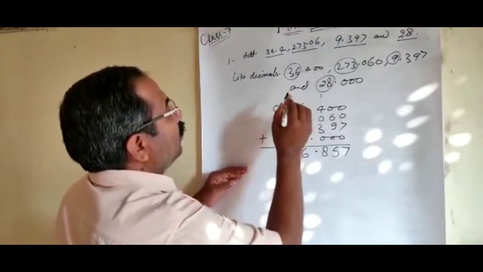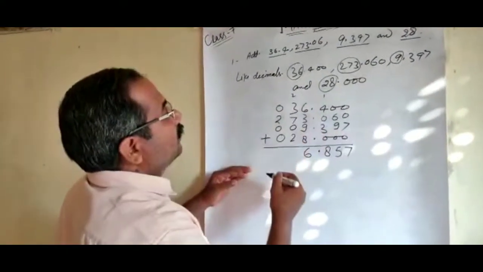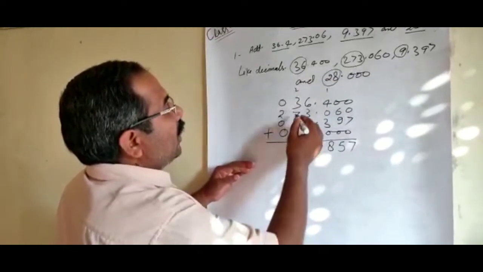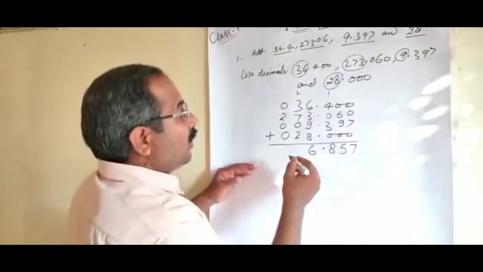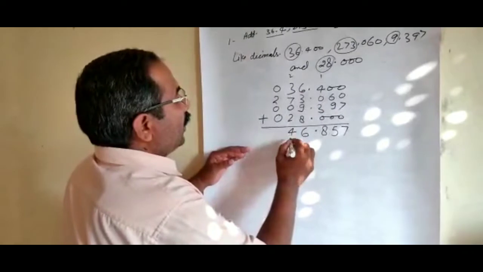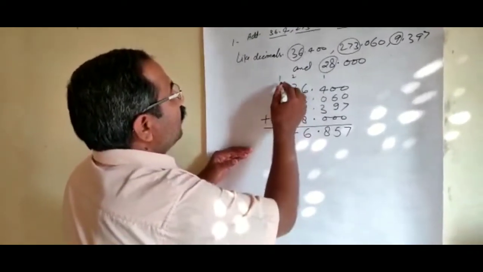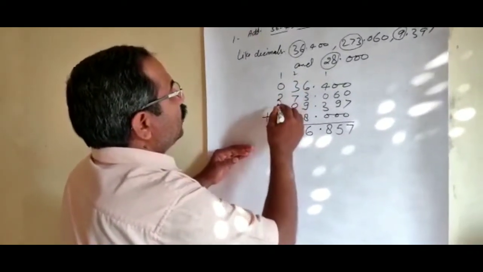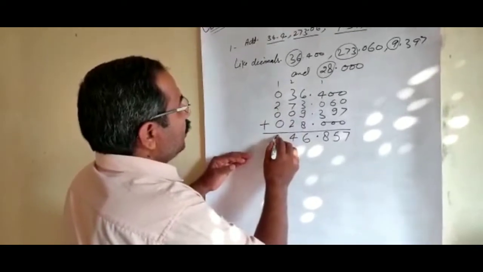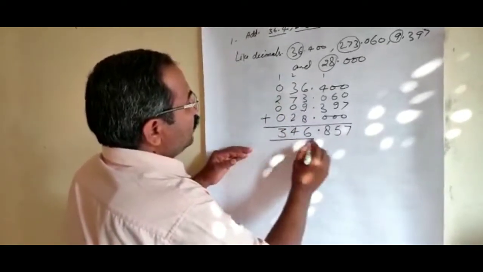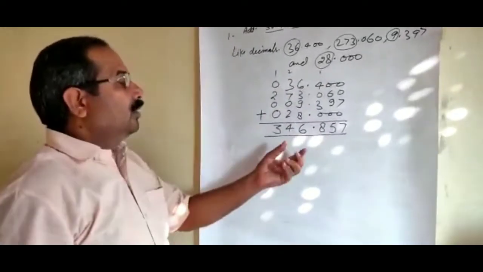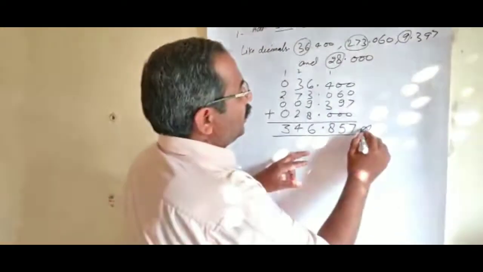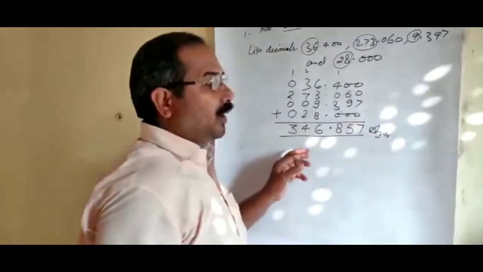Carry 2. 2 and 3, 5. 5 and 7, 12. 12 or 2. 14. Carry 1. So 1, 0, 1 and 2, 3. 3 and 6 is 0. So you will write 3. In this way, it will be your answer of addition.